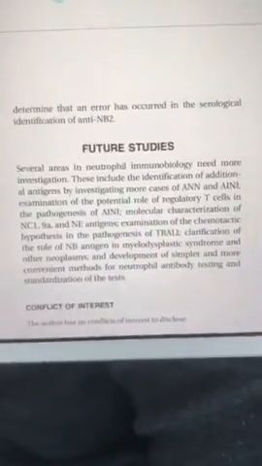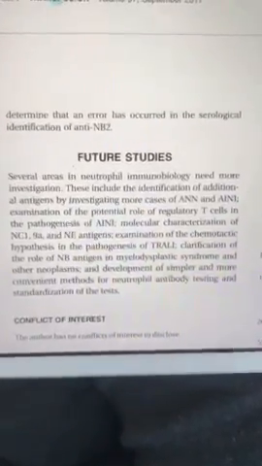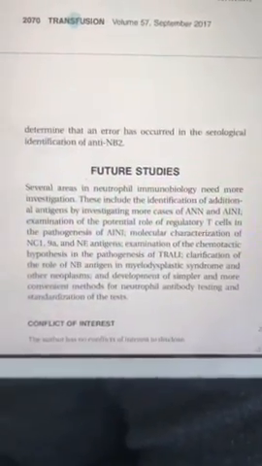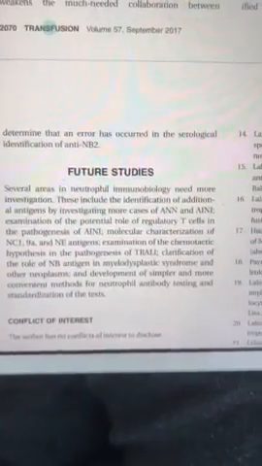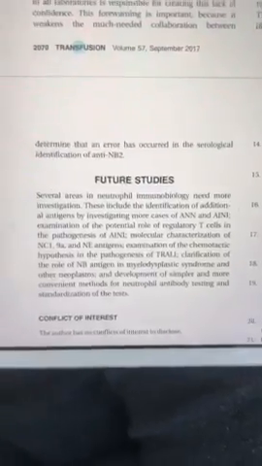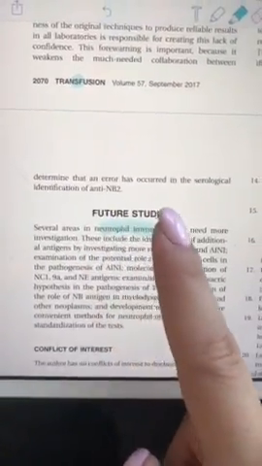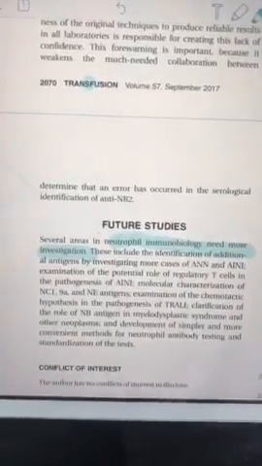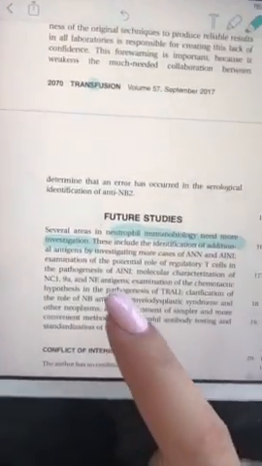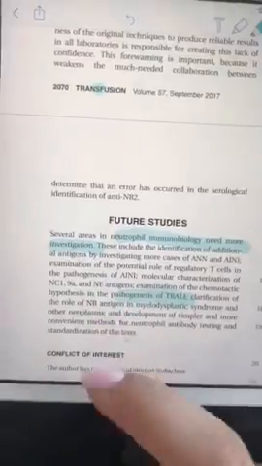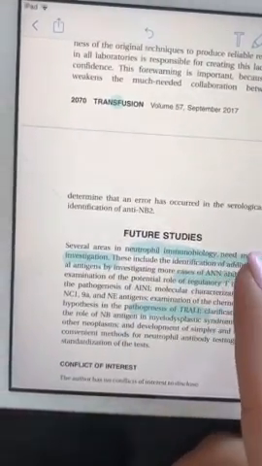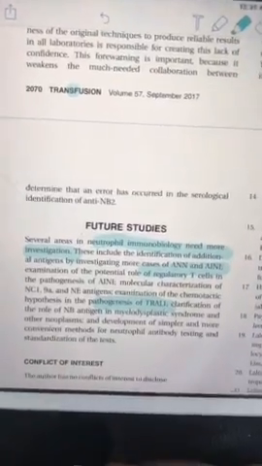So this is the conclusion of my article. Basically, it talks about what I've been talking about throughout the presentation that I did today, that neutrophil immunobiology actually needs more investigation. This not only includes understanding the pathogenesis of TRALI, but also in cases such as ANN and AINI.